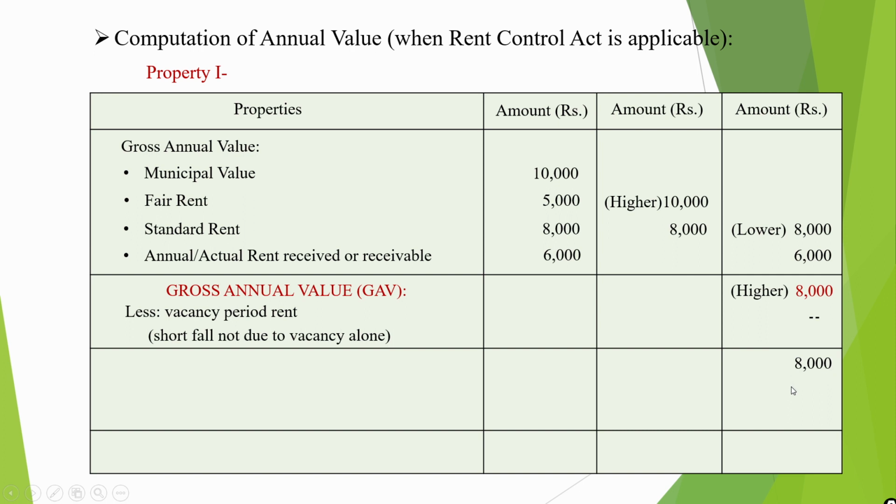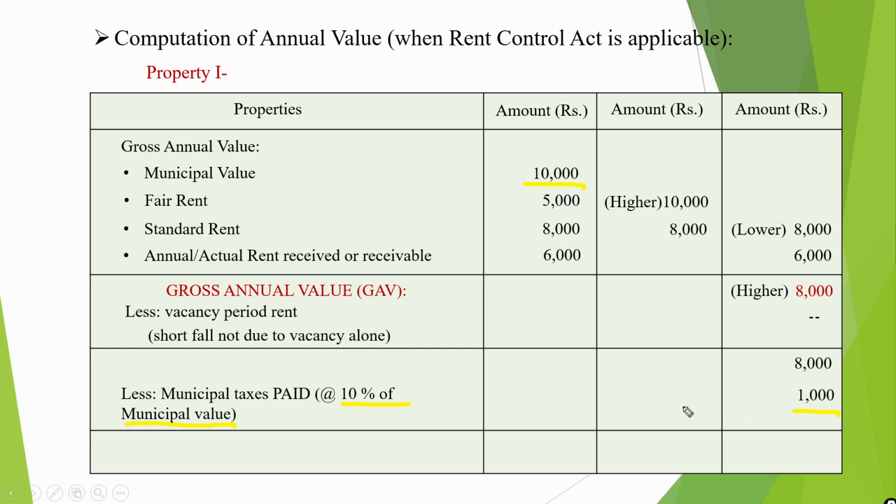Okay. Now, from this GAV, you have to deduct the municipal taxes paid, and it is given at the rate of 10% of municipal value. The municipal value of house property 1 is 10,000 and 10% on municipal value is 1,000.